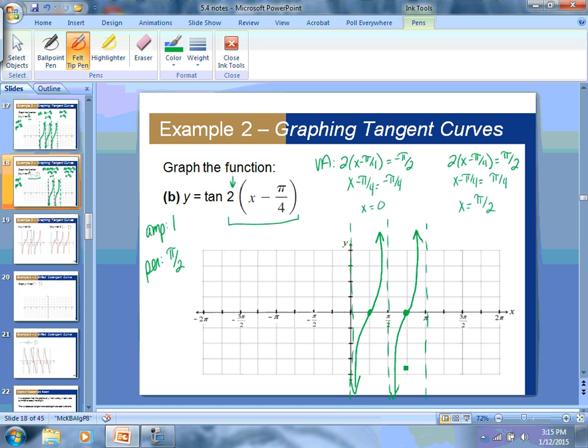That's what you would have to do on a quiz. If you didn't want your periods to go to the right, you could make them go to the left. So go back another pi over 2. Put in your halfway point at negative pi over 4, and then draw in your curve. Okay, so there's 3 periods of the tangent curve.